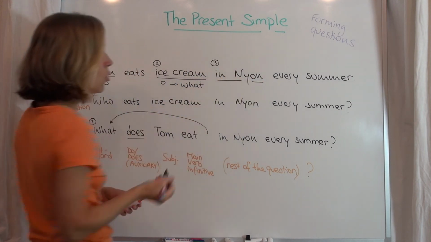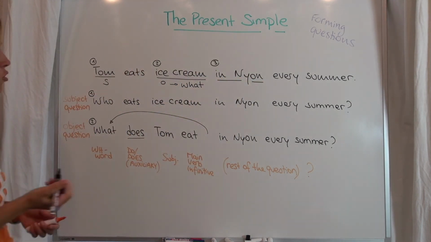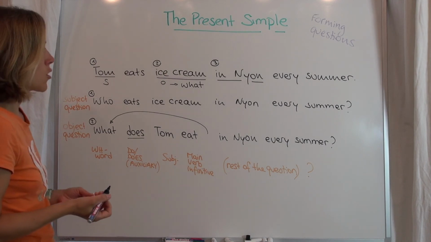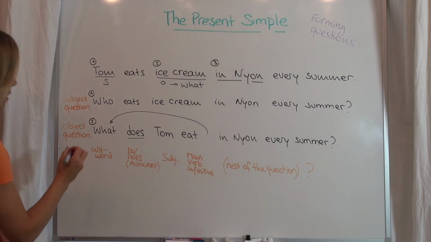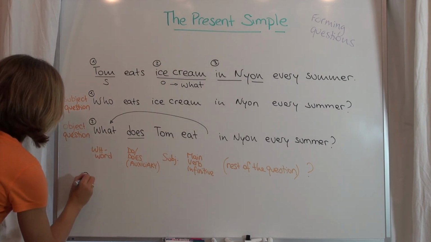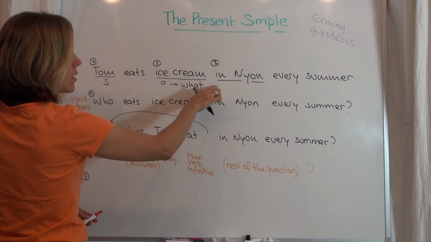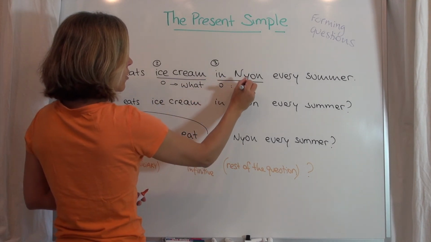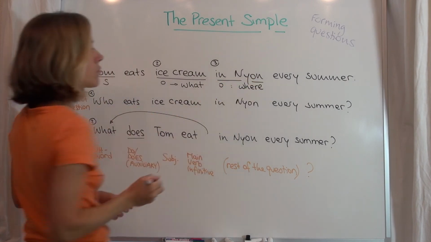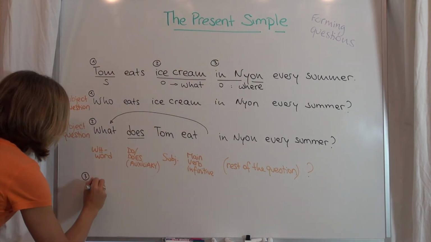Imagine you don't know where Tom eats the ice cream. So we're going to ask, où est-ce que Tom mange la glace chaque été? So let's give it a try. In Nyon is a place. Well, it's another object and it's a place. So it's going to be where. So where?